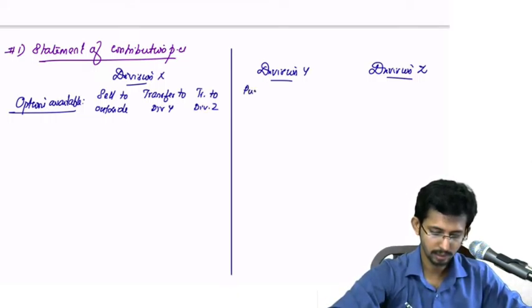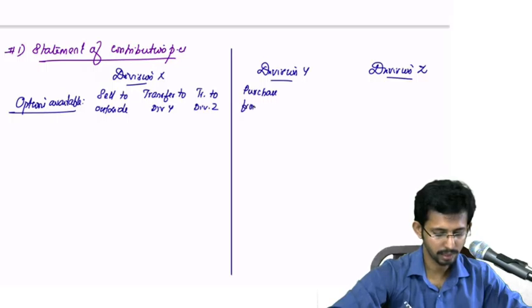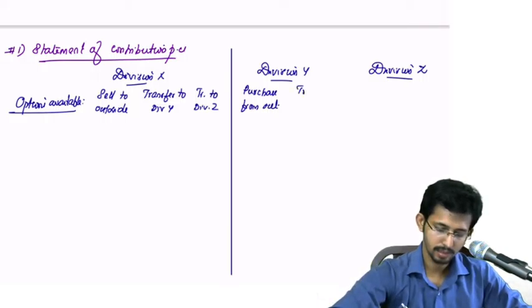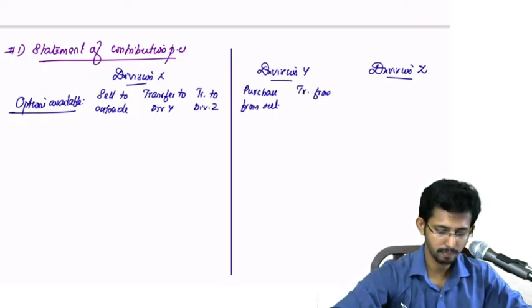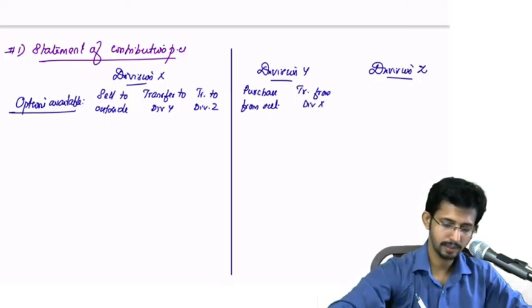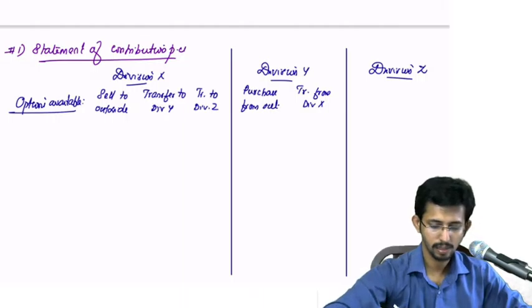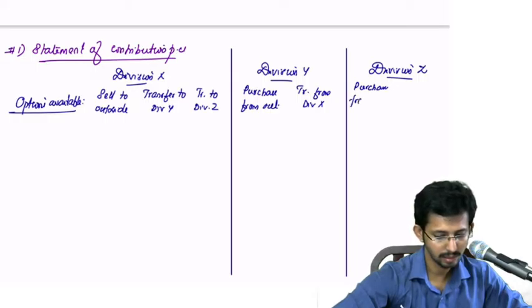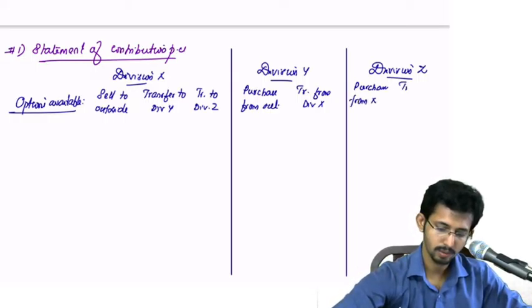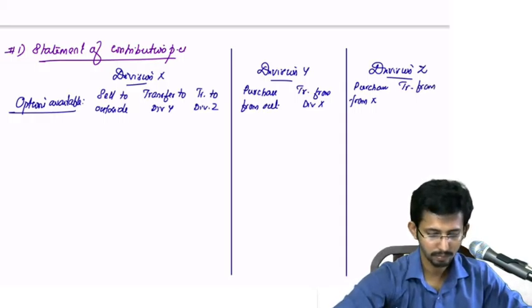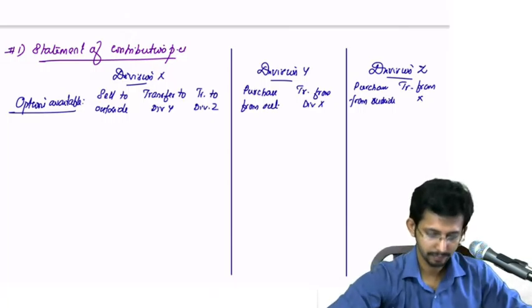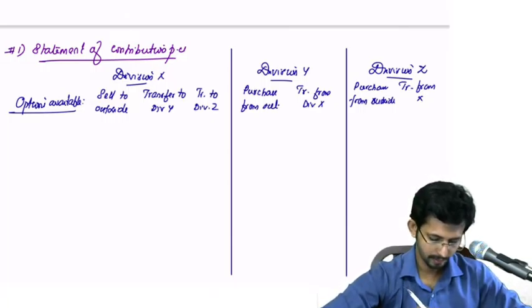One is purchase from outside, then transfer from division X. And for division Z also, either purchase from outside or transfer from X.